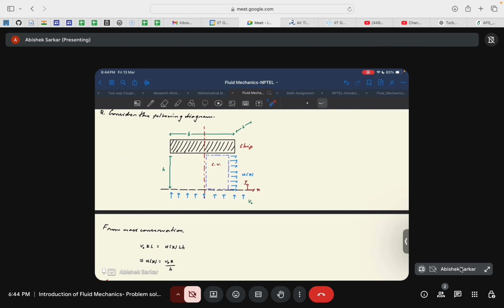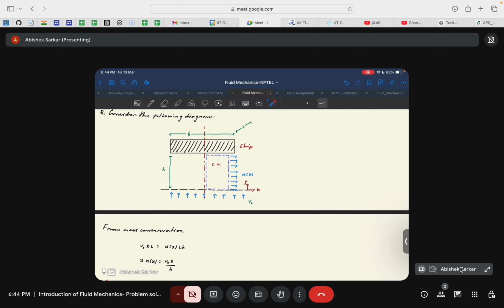We'll have air injected through the pores at a velocity of v0, say, and let the velocity coming out along this direction be some velocity u of x. We are considering this velocity to be of uniform profile primarily because we are not considering the viscous effects.